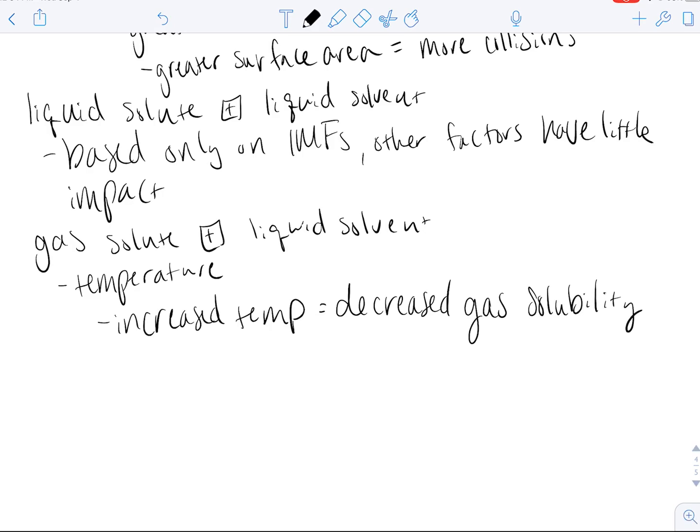It's because we have gas particles, and as they move faster, they're more likely to escape the liquid.